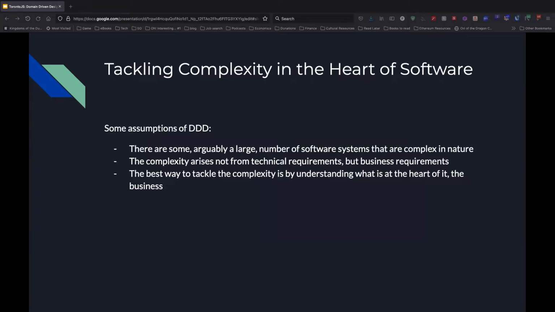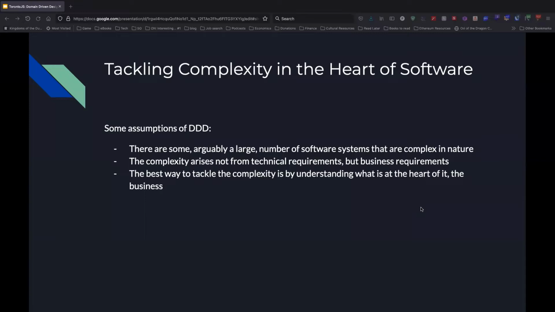So from the get-go, it must be known that domain-driven design is not for all classes of problems in software, but arguably it covers a large number of them. At least Eric will argue that a large number of software problems that we tend to deal with can be solved well enough using domain-driven design.